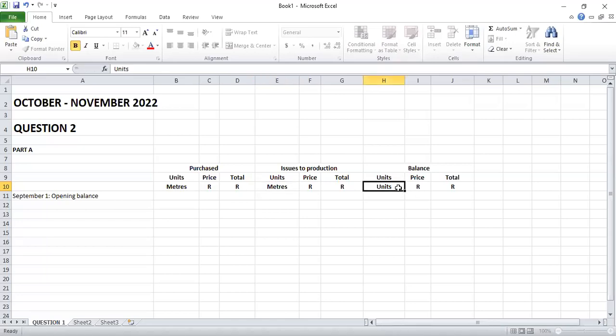The meters that we have on that, they are saying it's 4,000. Right. The price of opening inventory, let me do calculations here. Price of opening inventory.